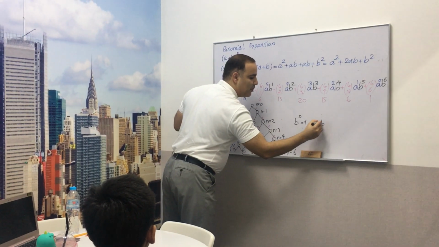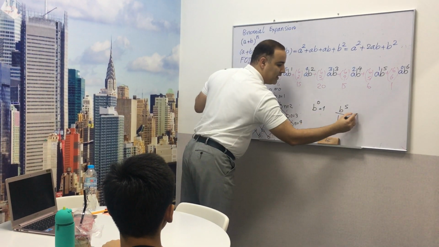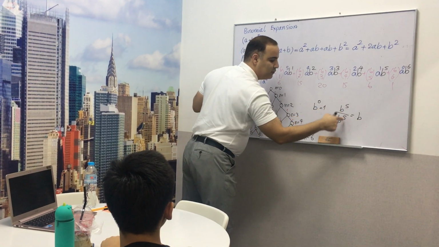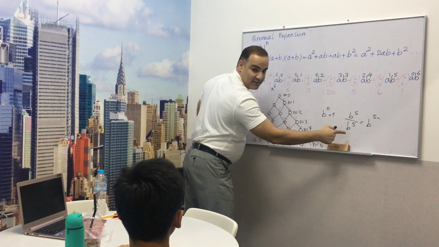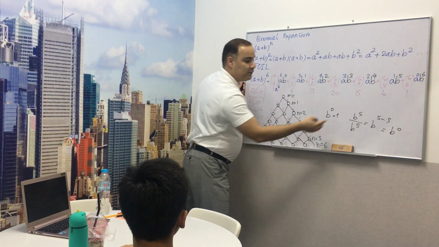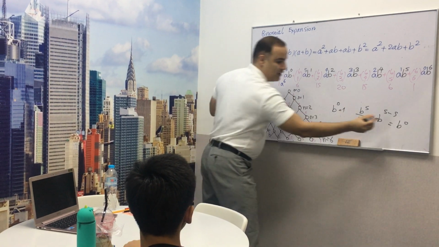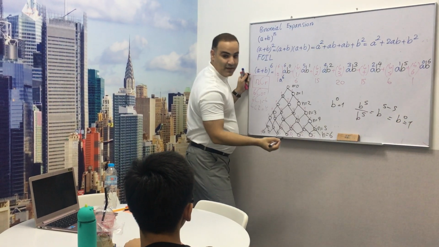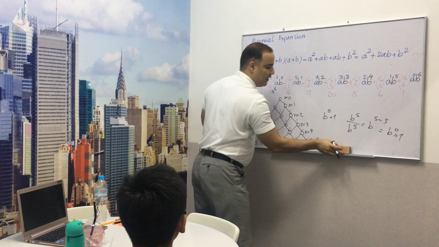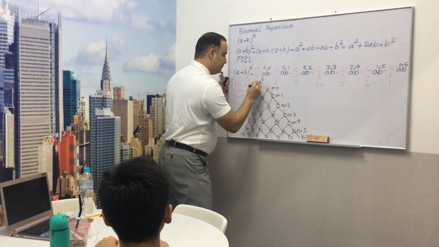What is b to the power of 5 divided by b to the power of 5? 1. We keep b, and what do we do? 5 minus 5, so b to the power of 0. But we know a number divided by the same number is 1. So therefore b to the power of 0 must be 1. Got it? So that is 1.